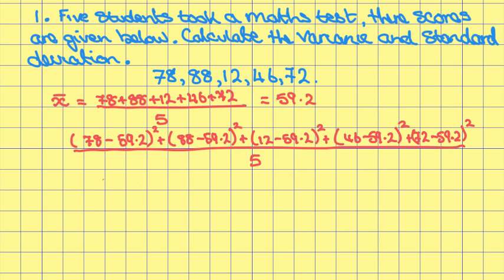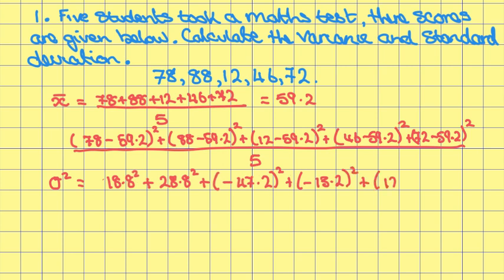And then we average it out, which gives us a variance of 18.8 squared plus 28.8 squared plus minus 47.2 squared plus minus 13.2 squared plus 12.8 squared, all over 5.